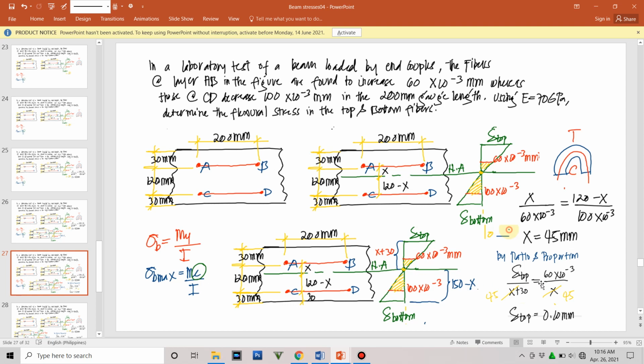So we have 60 times 10 raised to negative 3 is to x, wherein x was derived to be equal to 45. Okay, so notice here, ang unang tina-target natin is delta. Okay, so delta top and bottom. Why? If we know the corresponding deformation at each of the portions, say top and bottom, by and by, or in a while, we are going to determine the flexural stress out of that.